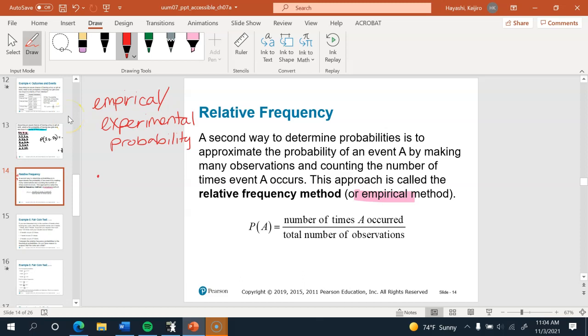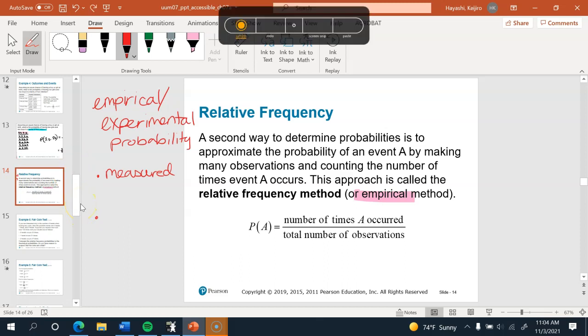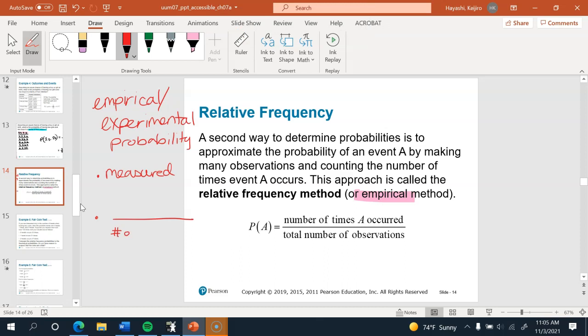And that kind of probability is literally measured. It's measured as the number of actual trials or observations that you do on the bottom.